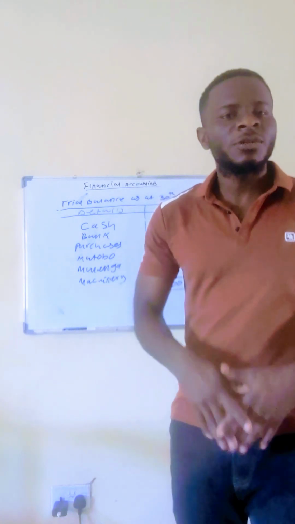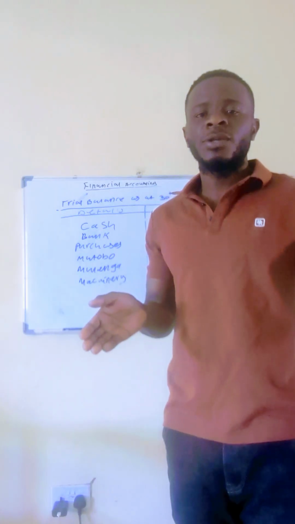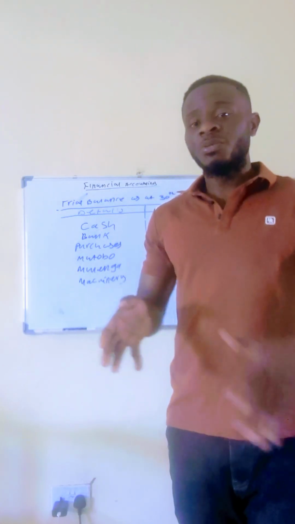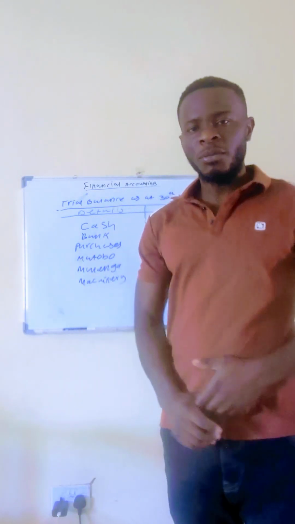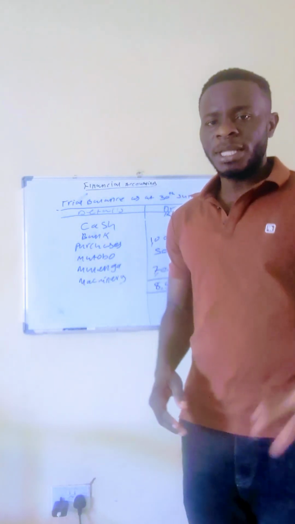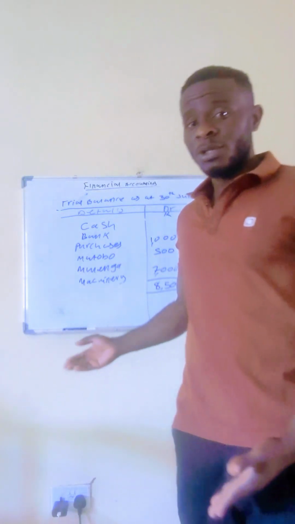And from there, we'll probably move into manufacturing accounts, which is a bit complicated, but it will also be coming from the trial balance. From there, we'll do partnership, a bit complicated. From there, we'll do accounts for companies, a bit complicated.